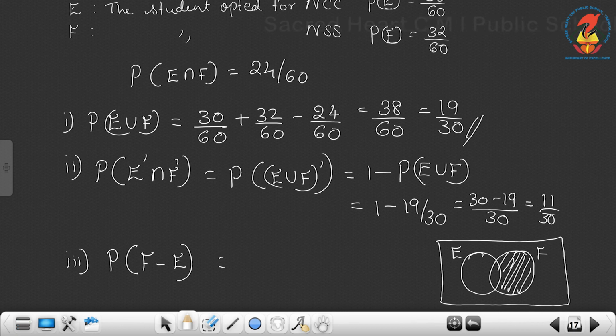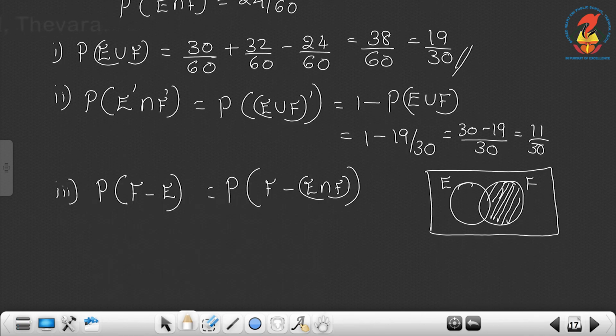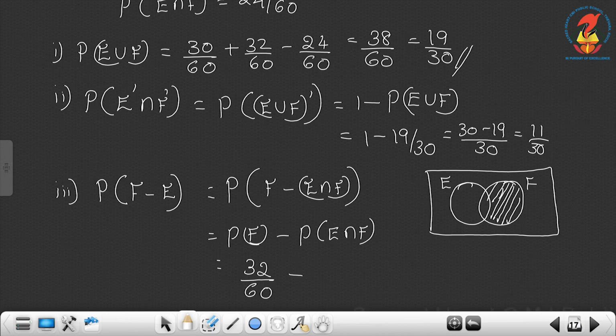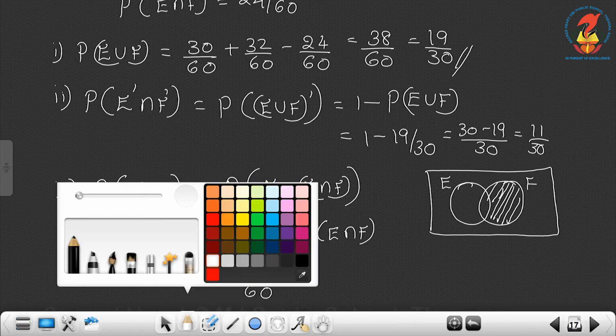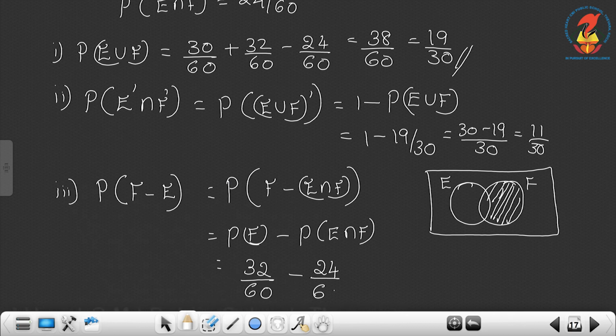From the whole F we can subtract E intersection F. So P of F minus E intersection F. Okay, so that's equal to P of F minus P of E intersection F. In the F total there are 32 by 60, minus that common, both NSS and NCC, is 24 out of 60.